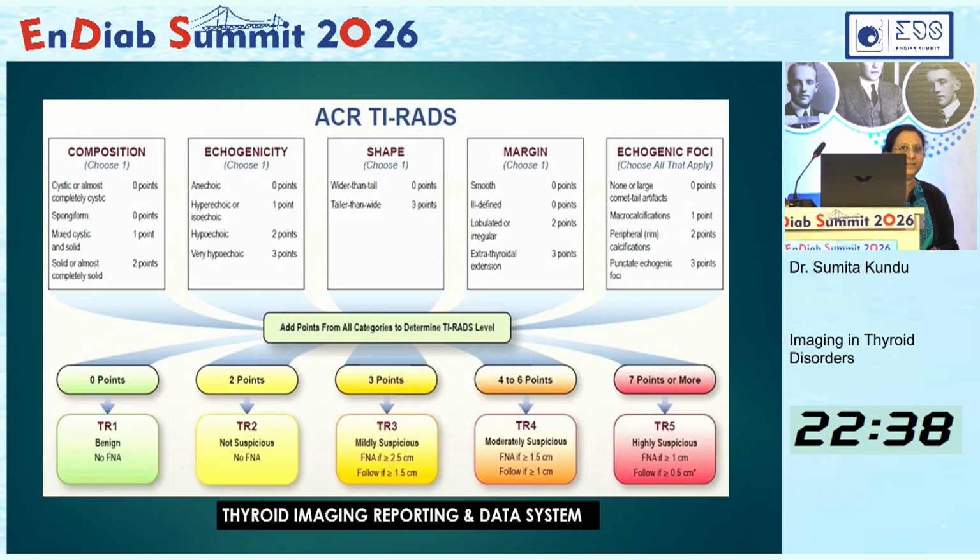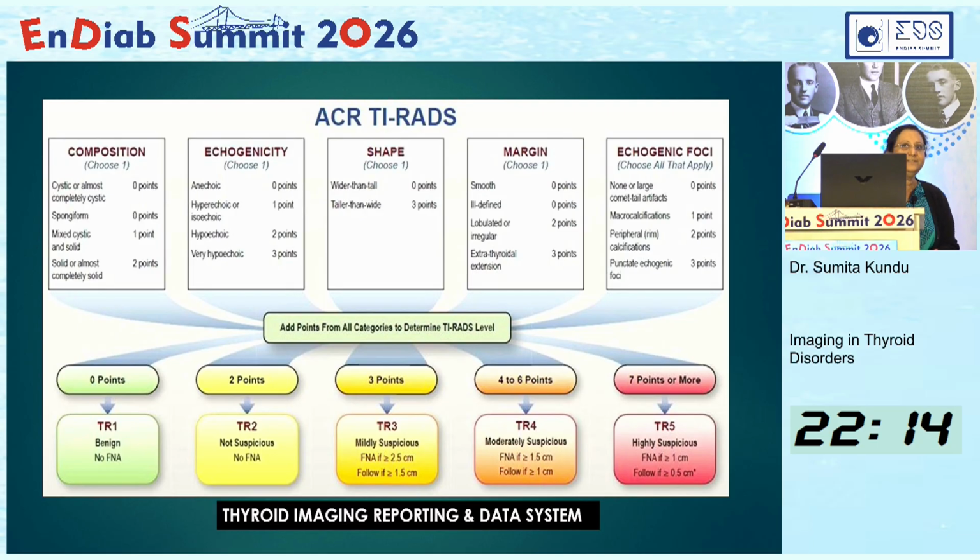What these classifications do is give us a direction to see what is the composition of the nodule, what is the echogenicity of the nodule, what is its shape, its margins, and if there are any echogenic foci within it. Depending on these criteria, there are certain points as I have marked in the slide.